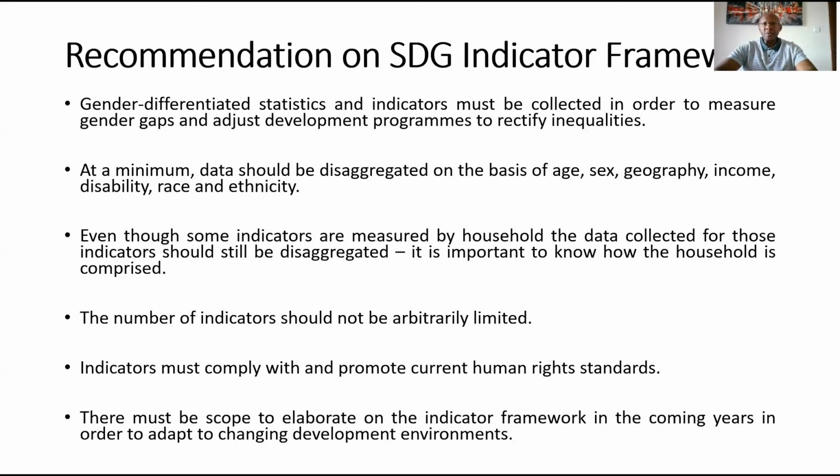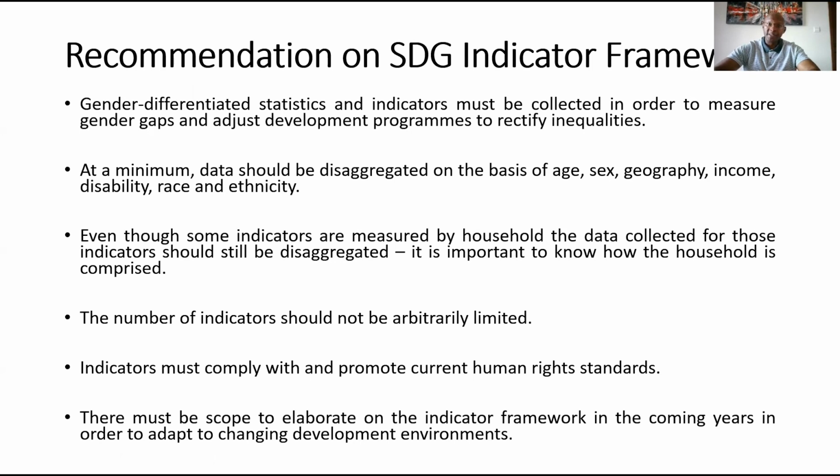The recommendation of the SDG indicator framework in terms of gender, one is that gender-differentiated statistics and indicators must be collected in order to measure gender gaps, that at a minimum, data must be disaggregated on the basis of age, sex, geography, income, disability, race, and ethnicity.